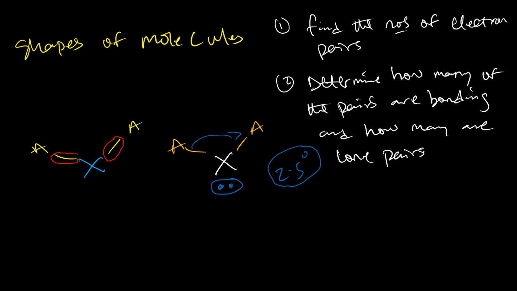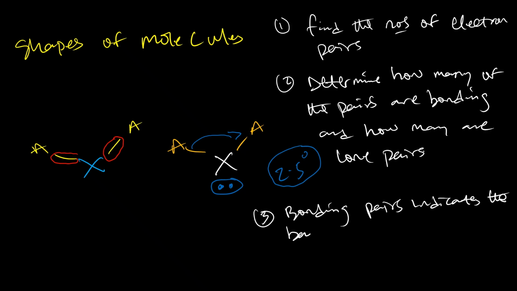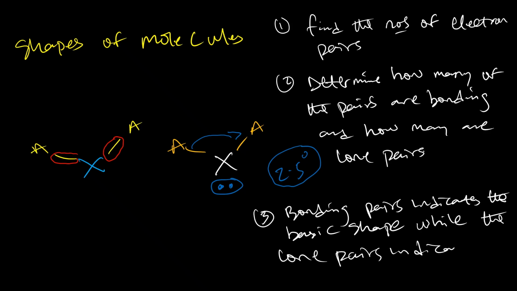And thirdly, have it in mind that the bonding pairs indicate the basic shape, while the lone pairs indicate additional repulsion. So you need to have this at the back of your mind.